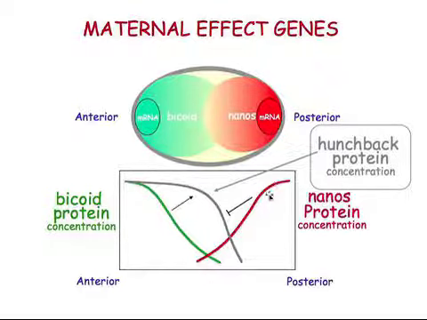The Nanos protein, I think, is a translation inhibitor, so it inhibits the translation of the hunchback messenger RNA. So in other words, this factor leads to more gene expression, and this factor leads to less gene expression. And that gives you a different expression profile for the hunchback factor.